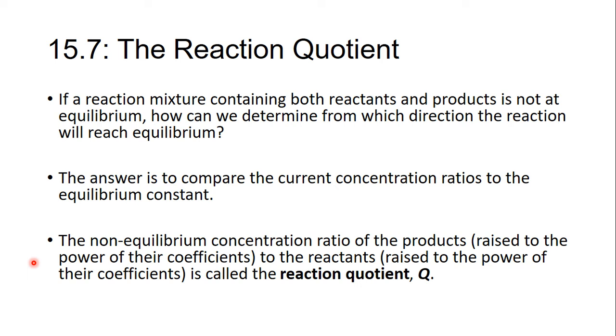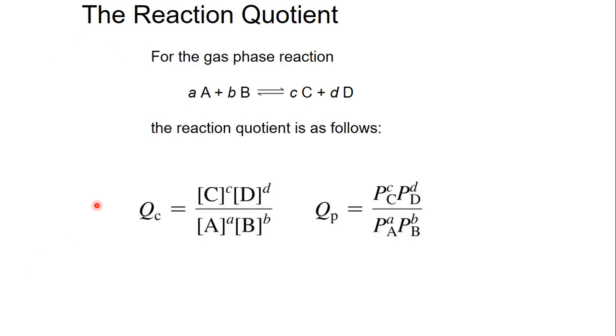So Q is that value anytime you're not at equilibrium. If we have A plus B goes to C plus D, Q is C raised to the power of c, D raised to the power of d, divided by A raised to the power of a, B raised to the power of b. Or you can do that for pressures as well.